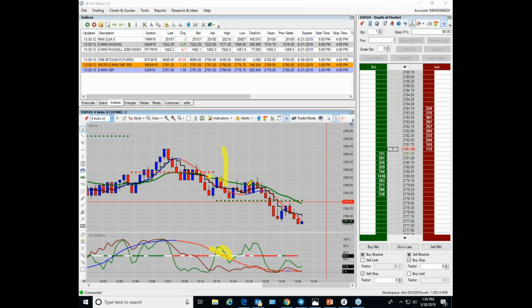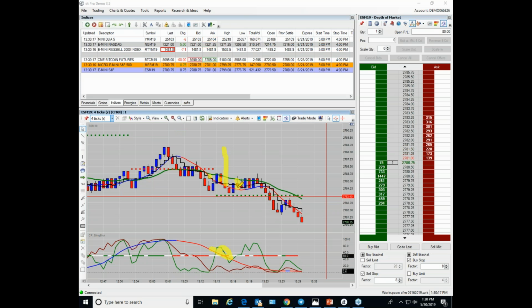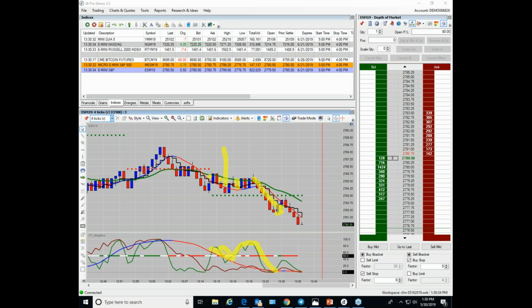Here's another example where we touch the BBC and also have the down close, and some bearish separation. As I said earlier, what we expect to happen is the green line to get into the cycle and the market to make a new pivot low. So a lot of that is happening right now in ES.